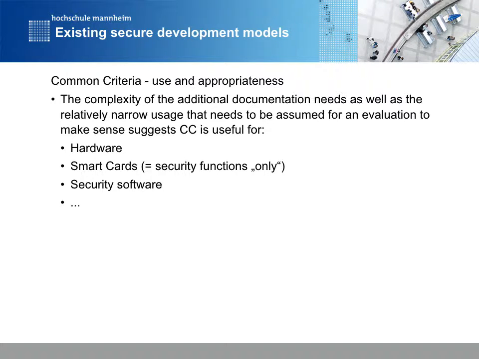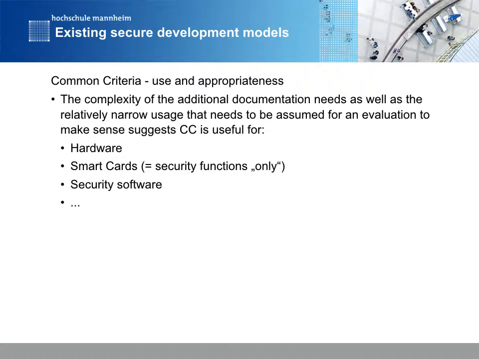So, summing up, common criteria is the oldest approach for secure software. It is basically good in proving qualities of security features, like authentication, like encryption. It's not so good in proving that software is secure against hackers.